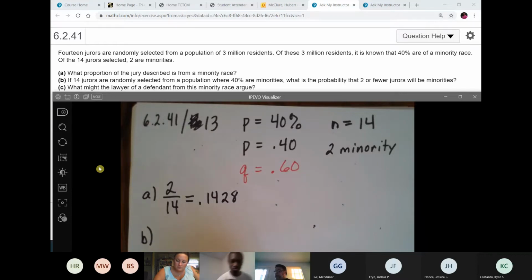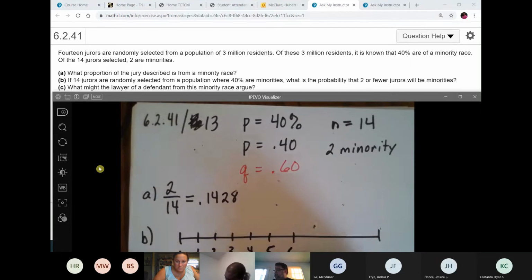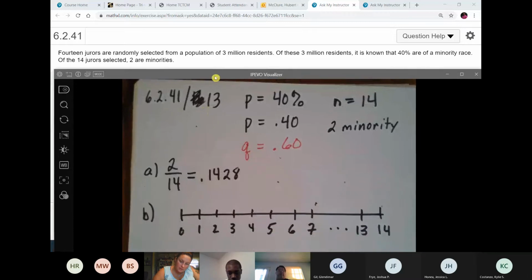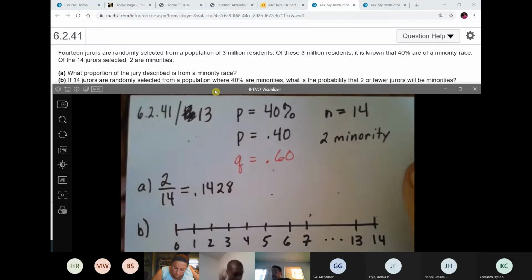Well, the first thing I'm going to do is write a number line. 0 jurors, 1 juror, 2 jurors, 3 jurors, 4 jurors, 5 jurors, 6 jurors, 7 jurors, up to 13 jurors, and 14 jurors. So our number line goes to 14. That represents the number of jurors on this jury. Does everybody understand why I did that?